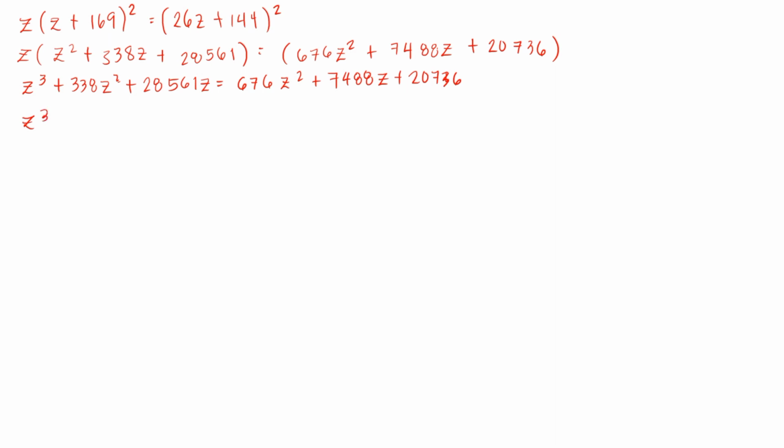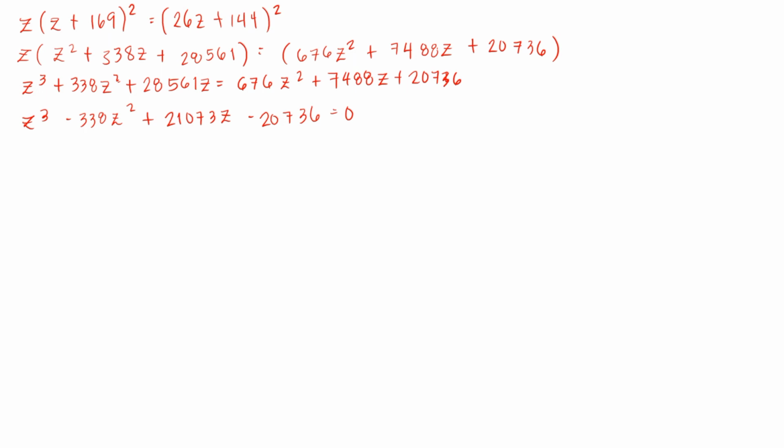So, after simplifying, we will have z cubed, 338 minus 676 is negative 338 z squared plus 21,073 z minus, so I will just transpose the 20,000, equal to 0.